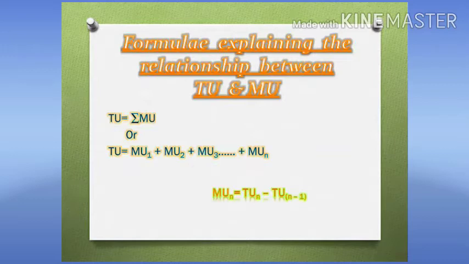That is, total utility of n units is equal to marginal utility of first unit plus marginal utility of second unit plus marginal utility of third unit plus marginal utility till nth unit.